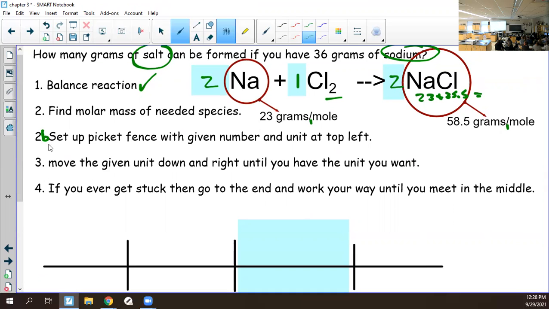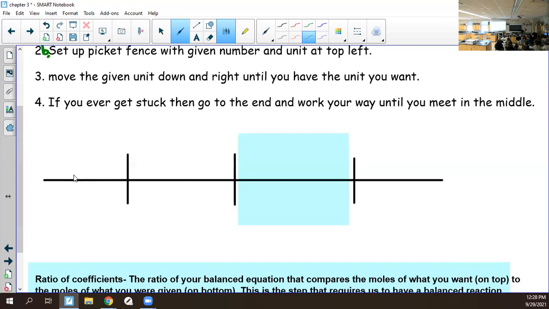Okay, number 2. Oh, second number 2. 2B, or not to be. Here we go. Set up picket fence with given number and unit at top left. Okay, so draw one of these. It's a flat line and 3 vertical lines. And I'll teach you how to know how many vertical lines eventually.